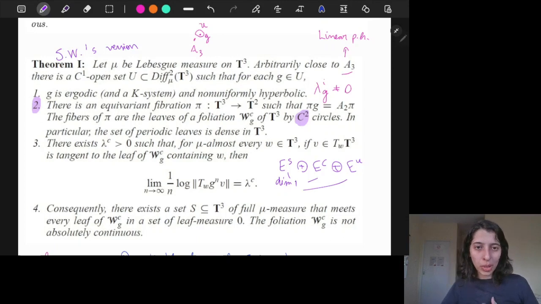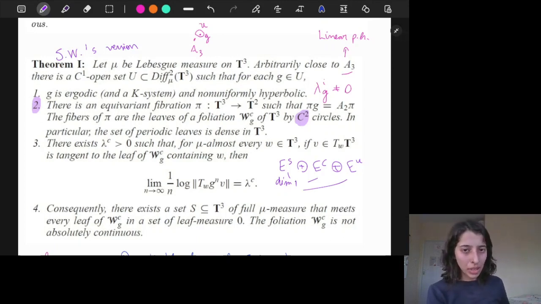So the Lyapunov exponents are different because we have a dominated splitting, so we have different exponential rates of growth in each one of these directions. So the Lyapunov exponents are for ES, EC, and EU. And here we have uniform expansion, so this is bigger than 1. Here we have uniform contraction, so this is smaller than 1.